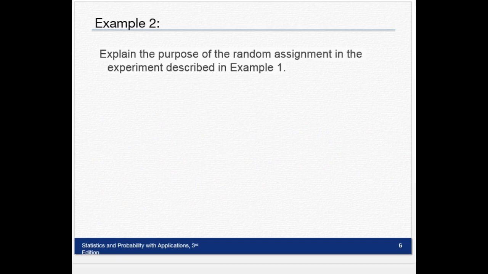Example 2. Explain the purpose of random assignment in this experiment described in sample 1. Okay? The purpose of random assignment is to create roughly equivalent groups at the beginning of the experiment, trying to eliminate confounding variables, making the groups as similar as possible.